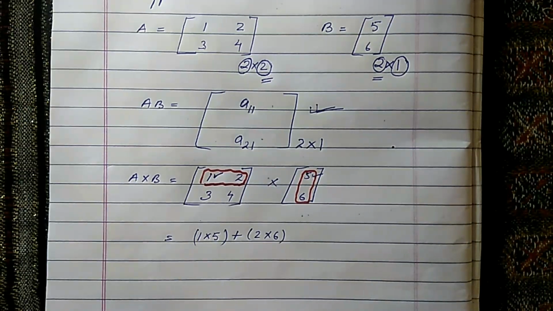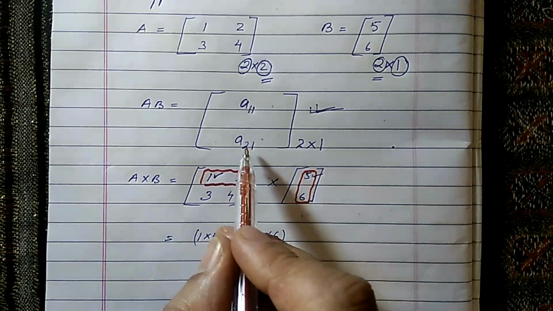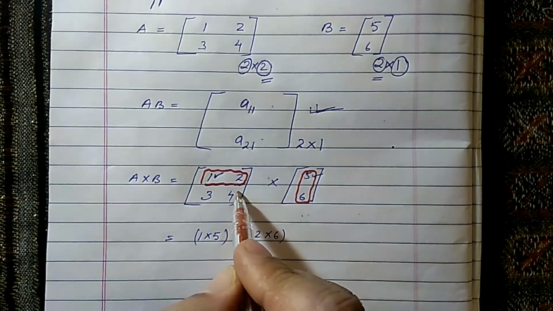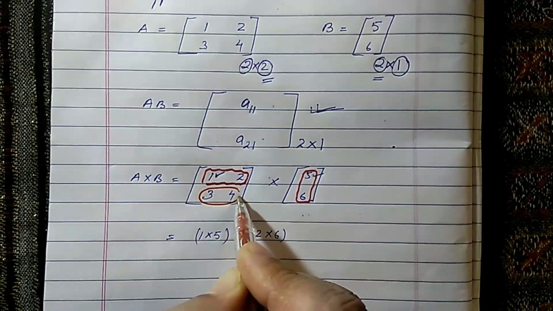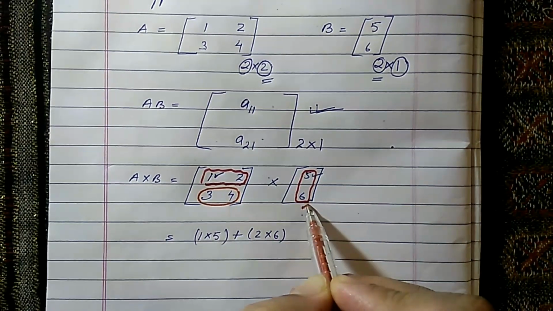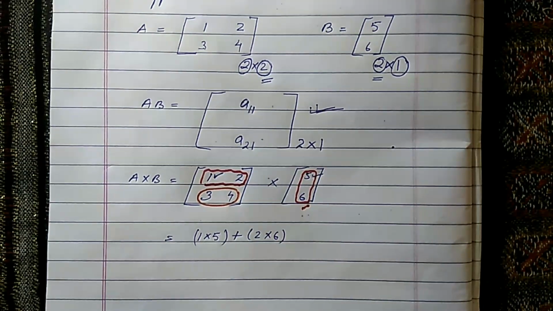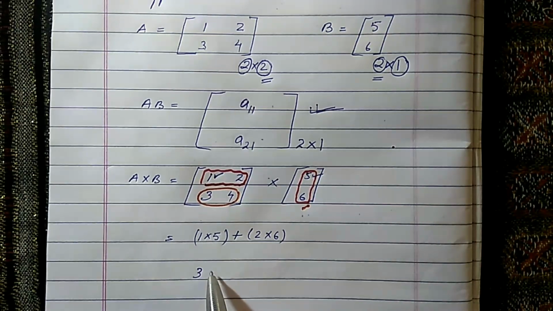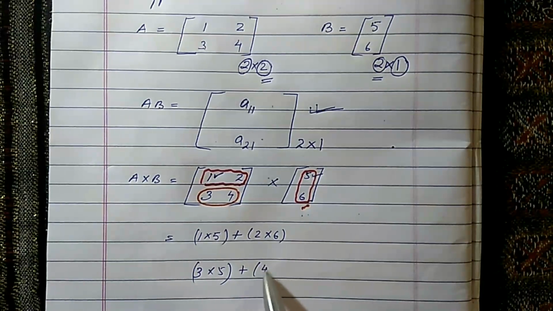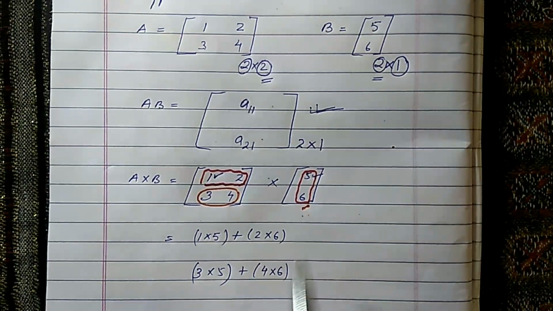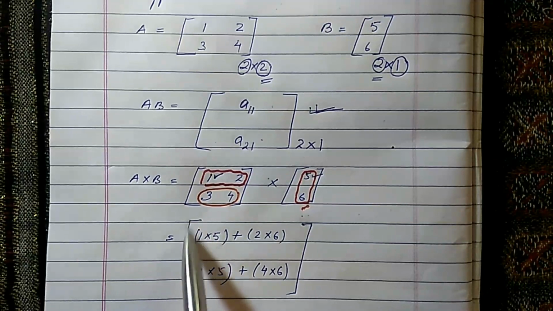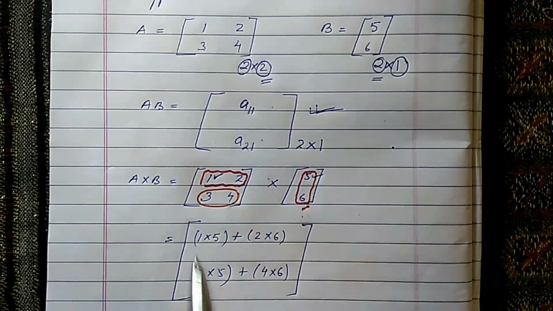Now what does A21 say? A21 says second row, first column. That means now the row changes but the column remains the same. So we multiply 3 with 5 and add it with 4 multiplied by 6. This gives us our second element A21.